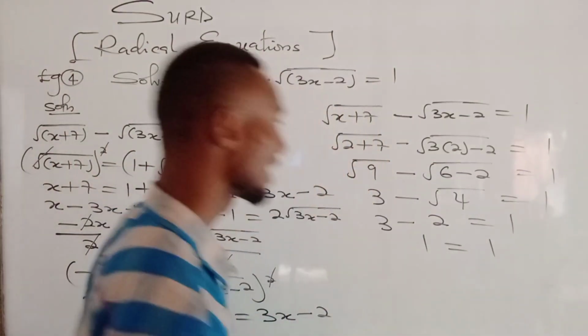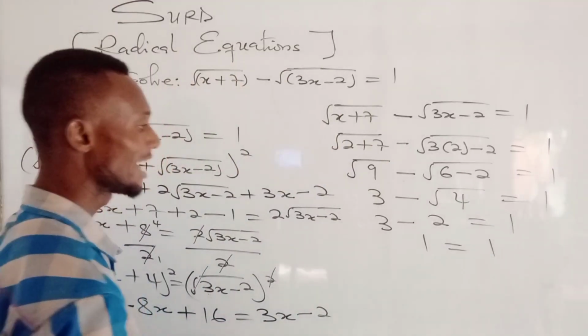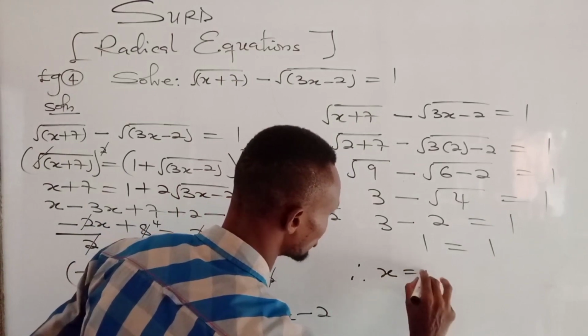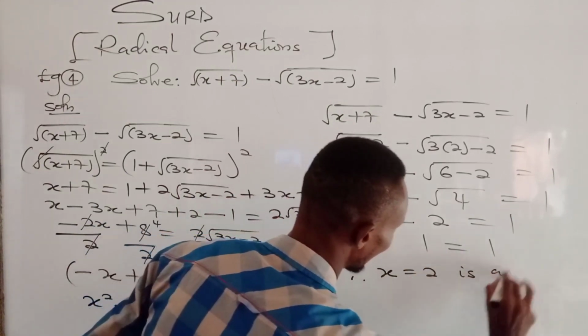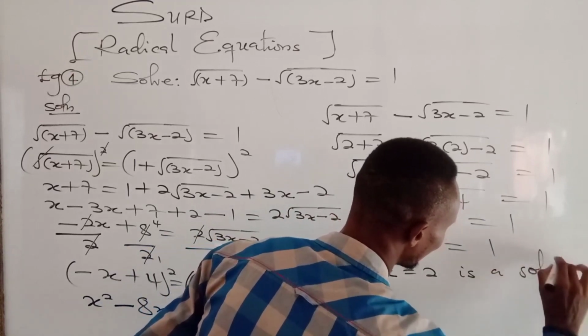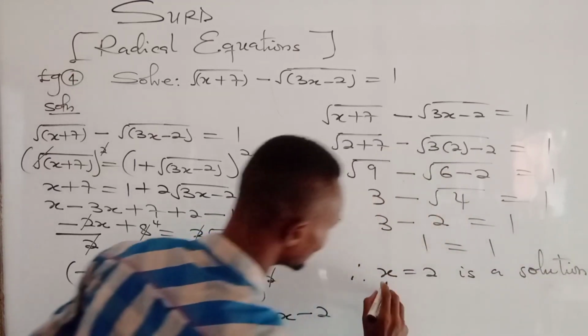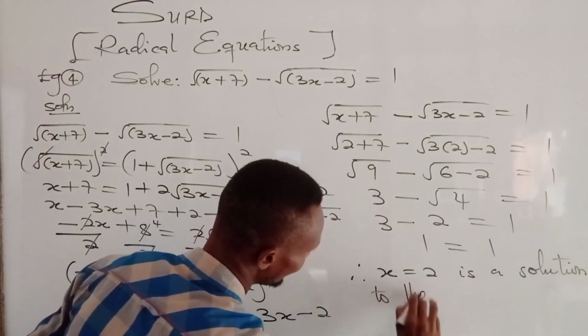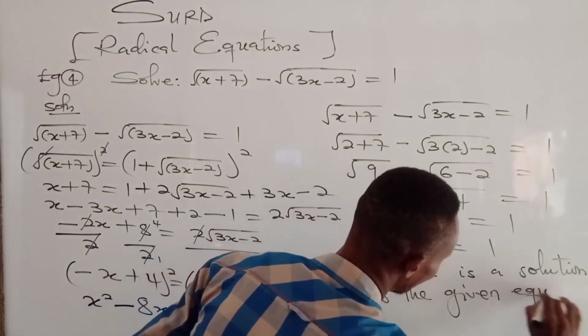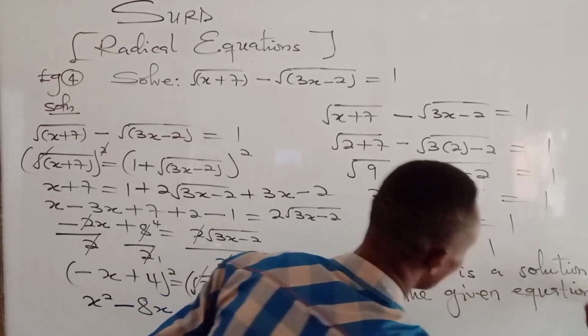You can conclude by saying that therefore s equals 2 is a solution to the given equation. You need to write down your conclusion.